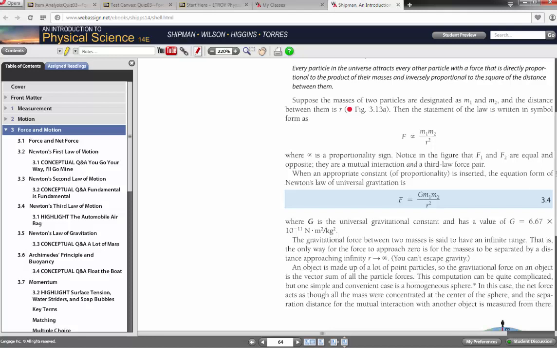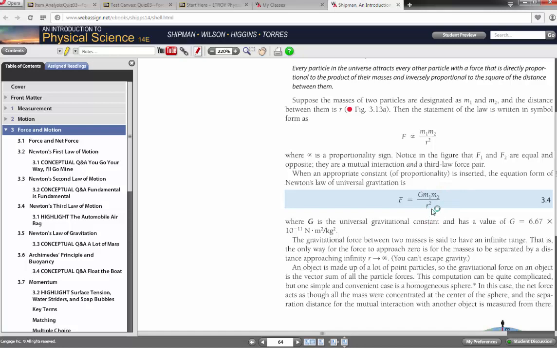And that's all I want to say in this video about that one, other than that if you don't see that, what you can attempt doing is this: you have a value for G, you have a value for m1, you have a value for m2, or you can assign values to m1 and m2. Let's say that we assign values to m1 and m2 so that G m1 m2 has a total magnitude of 1 newton times meter squared.